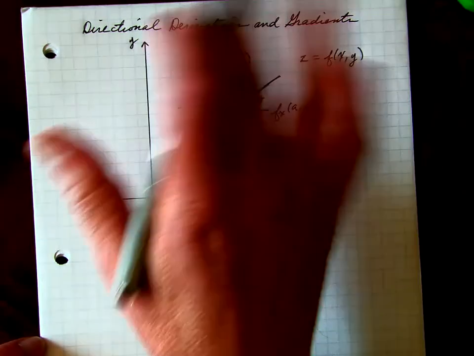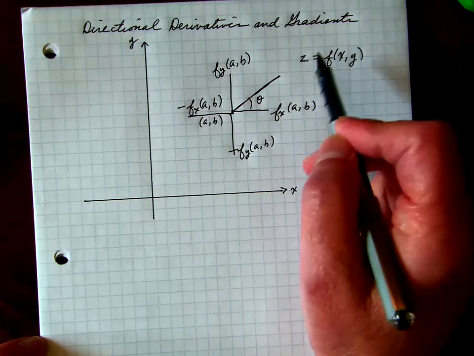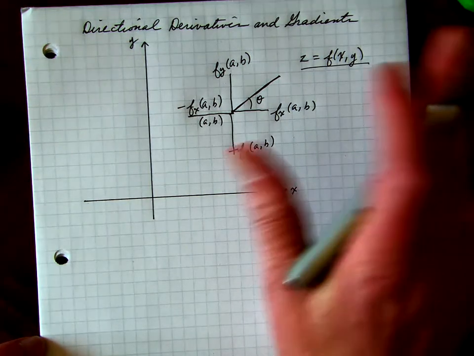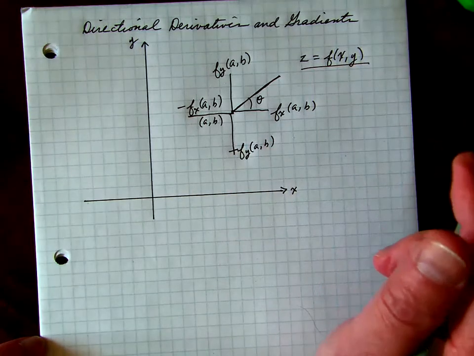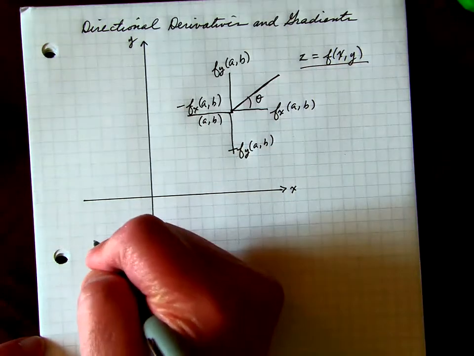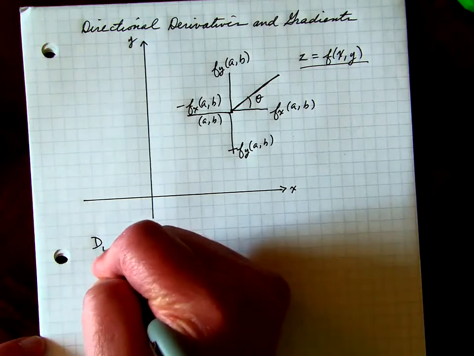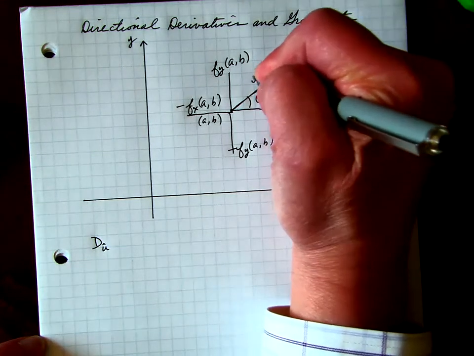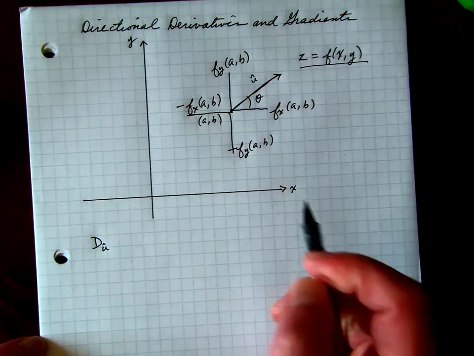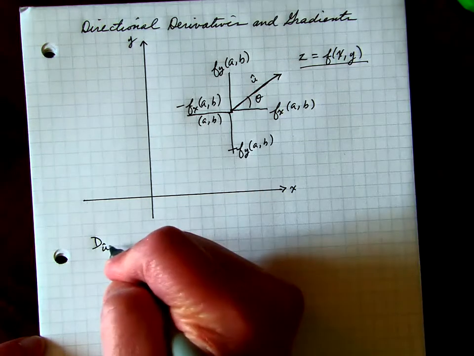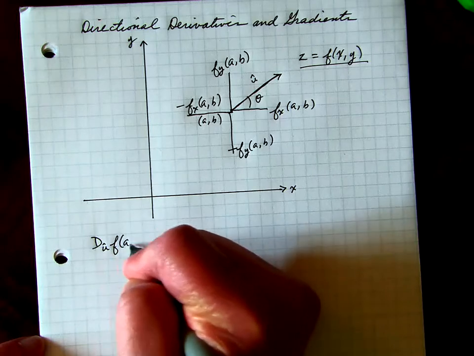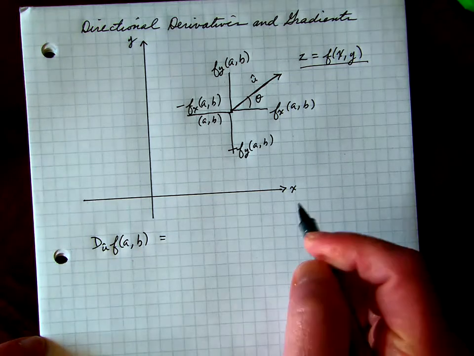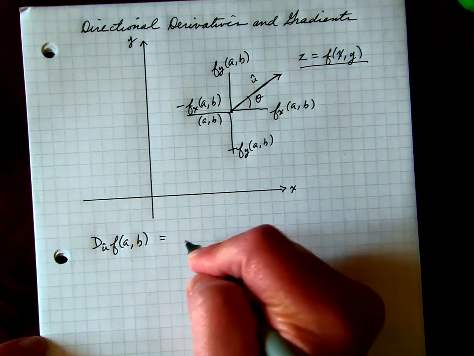And this function, which I haven't drawn, is a three-dimensional graph, but we're just looking at the xy plane. We can say the directional derivative in the direction u, where u is this unit vector, probably not to scale, evaluated at (a, b) is equal to this amazing little combination.